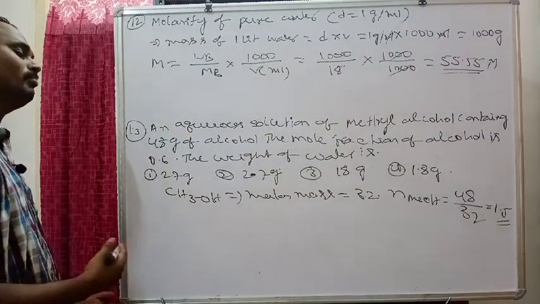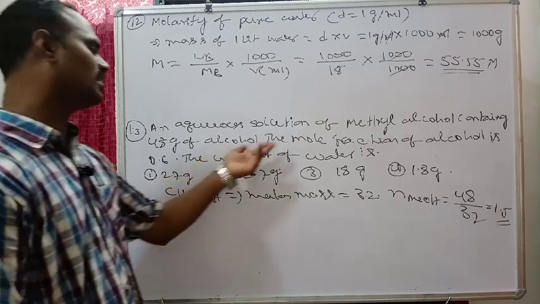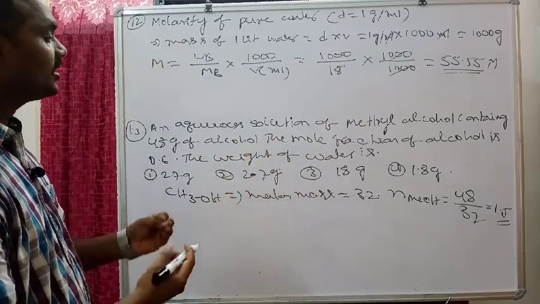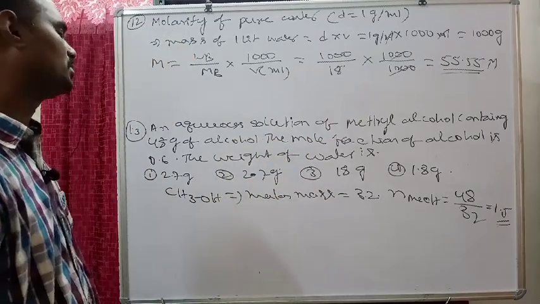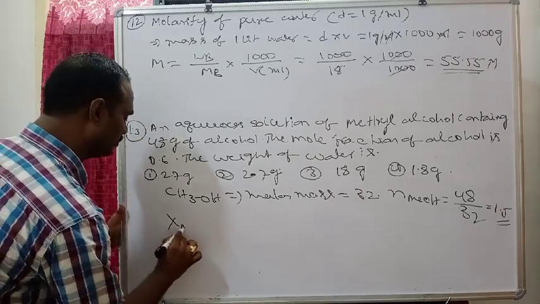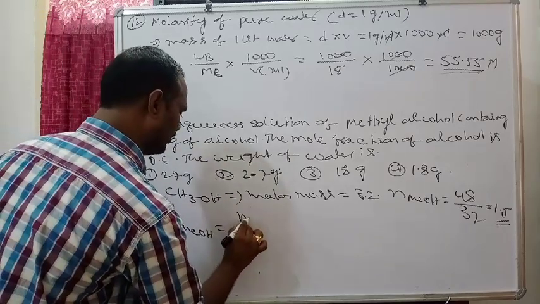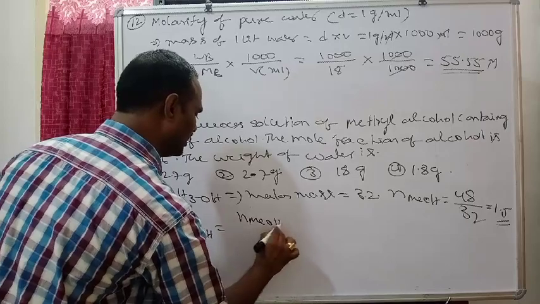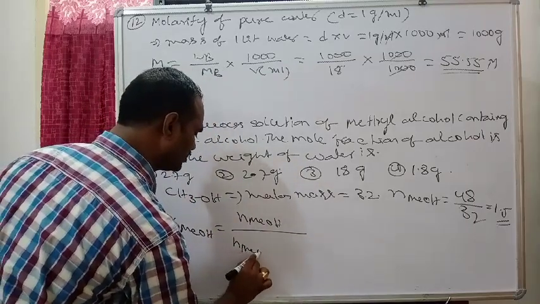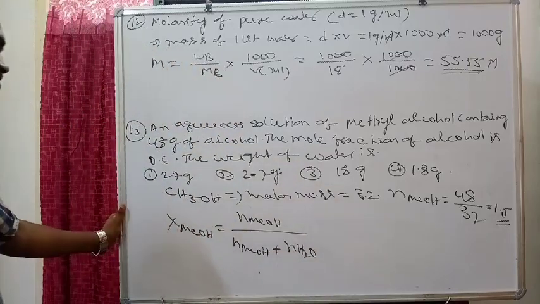We need to calculate the number of moles of water. Here the water mass is not given, that is what we are going to calculate. So the mole fraction of methyl alcohol is equal to the number of moles of methyl alcohol divided by the number of moles of methyl alcohol plus the number of moles of water.